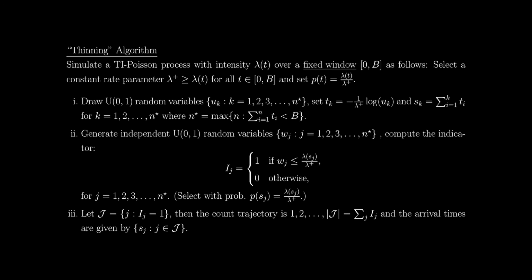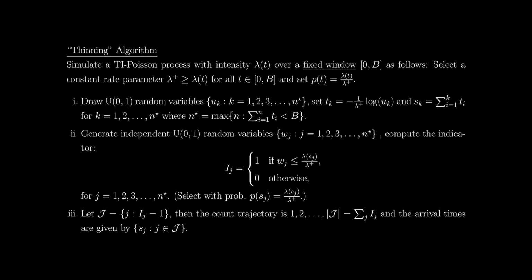Then the count trajectory will go 1, 2, all the way up to however many elements are in that set. So just sum over all of the indicators that are 1 to get that number. And then the arrival times will be those arrival times from the homogeneous part for which j is in that set, cal j, i.e. those j for which the indicator is 1.